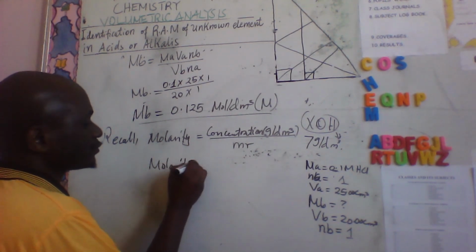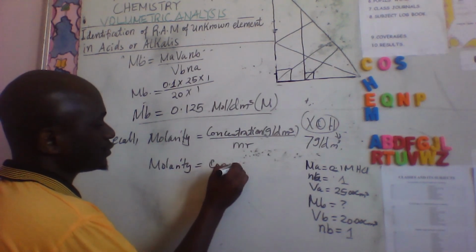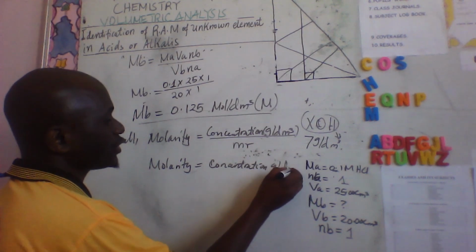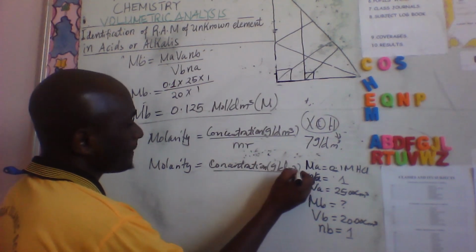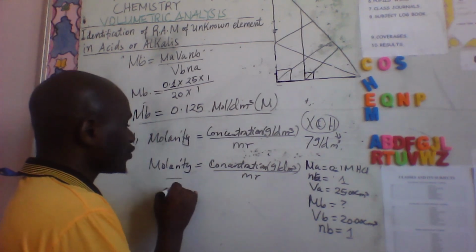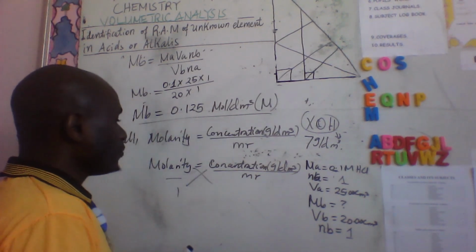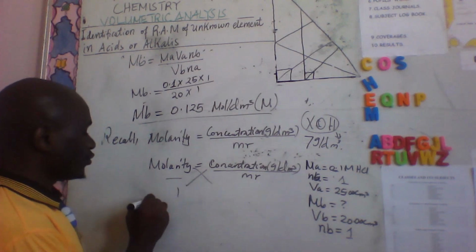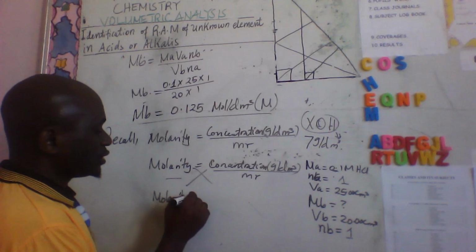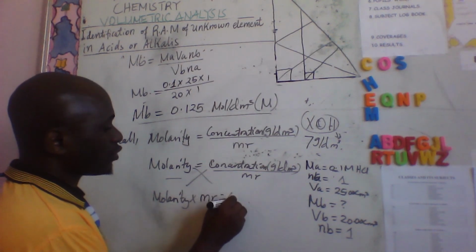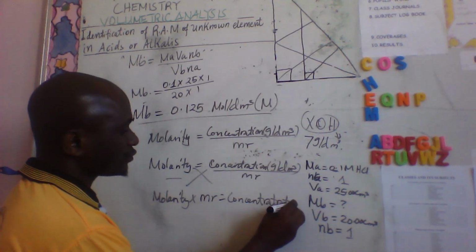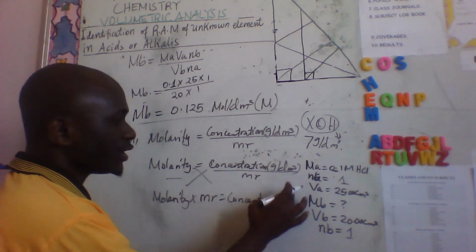So we proceed with the molarity. Molarity is equal to concentration in gram per decimeter cube over molar mass. We want to find the molar mass, so we make it the subject. Molarity times molar mass is equal to concentration in gram per decimeter cube.